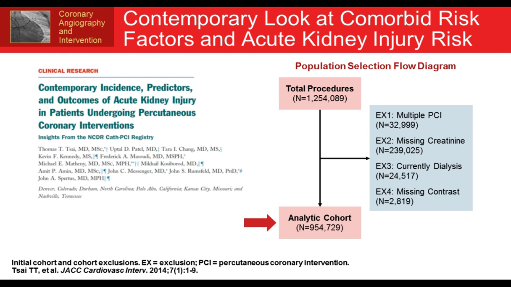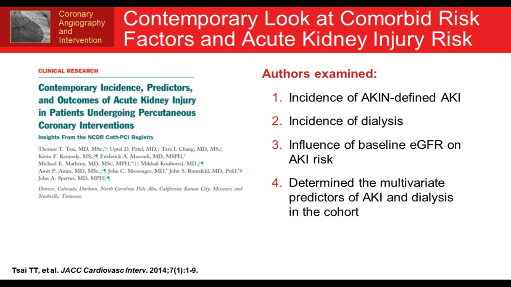In this case, it was nearly 1 million participants who had their data entered into this prospective data set, and they examined the incidence of AKIN-defined AKI, so the more contemporary definition. They again looked at incidence of dialysis, and they looked at multivariate predictors of AKI, including baseline eGFR and the AKI risk.